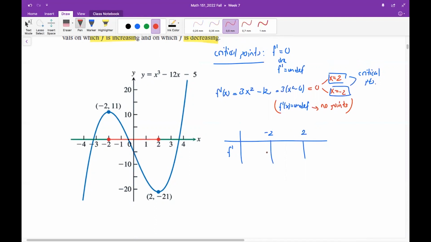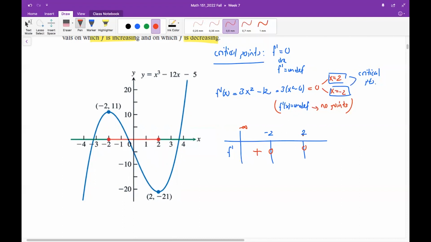At these points, you know that the first derivative is 0. Between minus infinity and minus 2, look at your first derivative function. Is it positive or negative? You can just pick up a number from this interval, insert it to decide. You will find always positive values for the first derivative function.